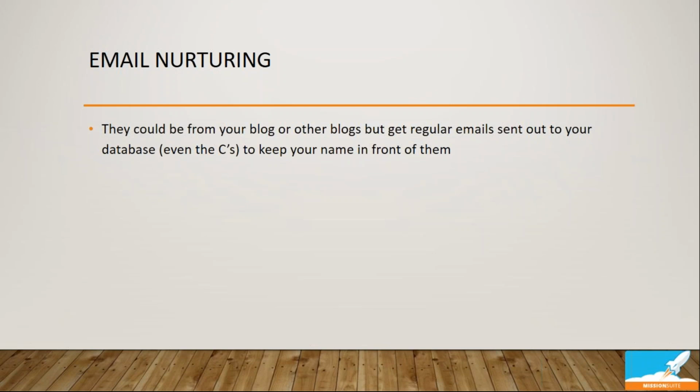Maybe you've collected this series of blog RSS feeds that you're utilizing. You should be able to use that to send out email articles. Again, give them credit where credit's due. We're not talking about plagiarizing anything, but sending those types of emails out to your database is a great way to keep your name in front of them.